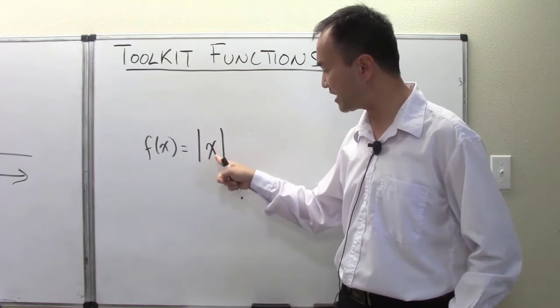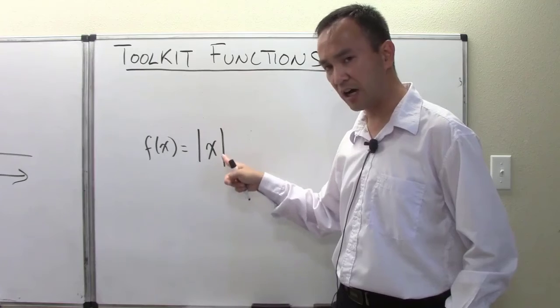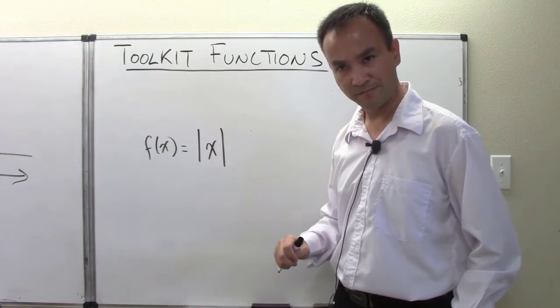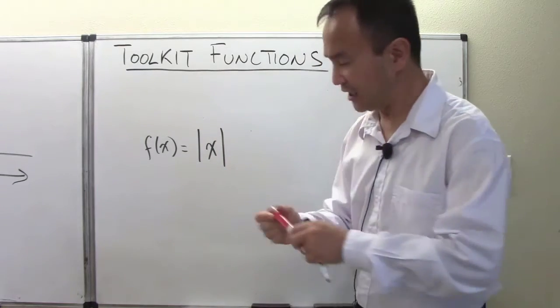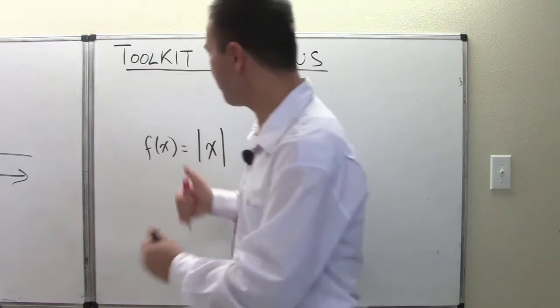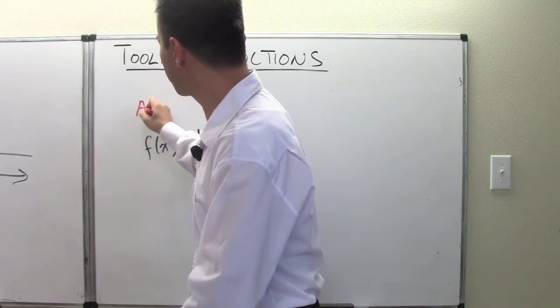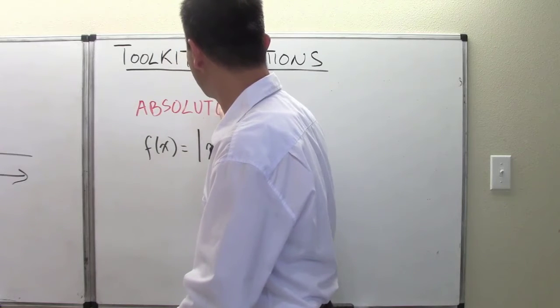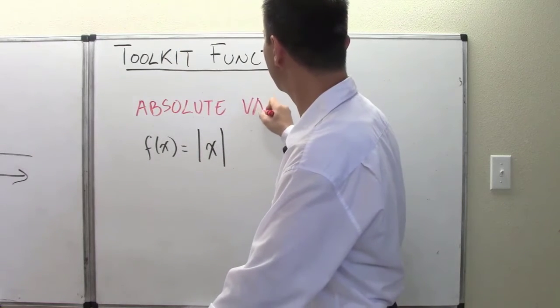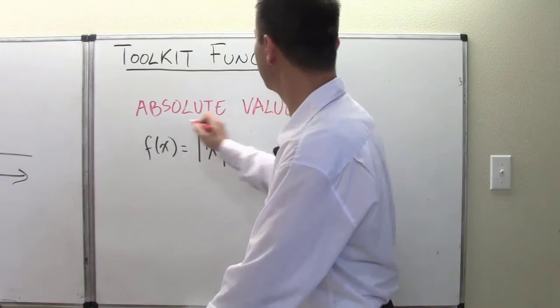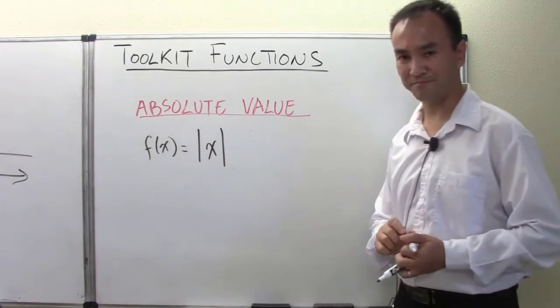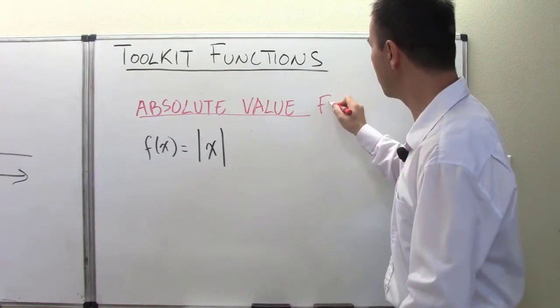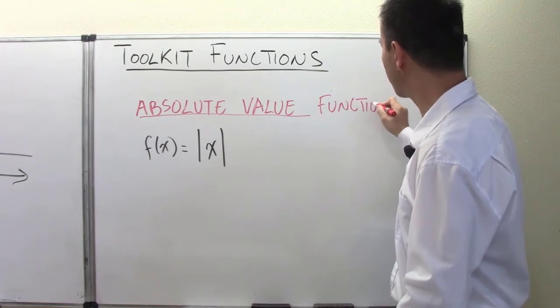So here it reads absolute value of x, and as far as the name, this function is called the absolute value function.